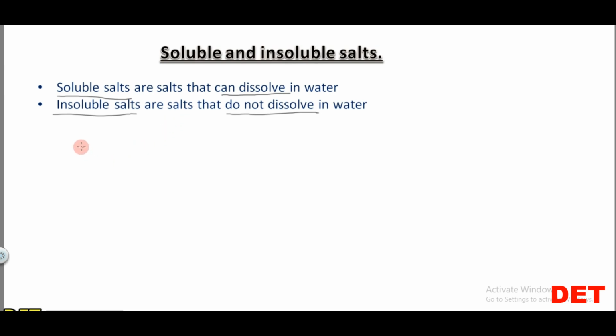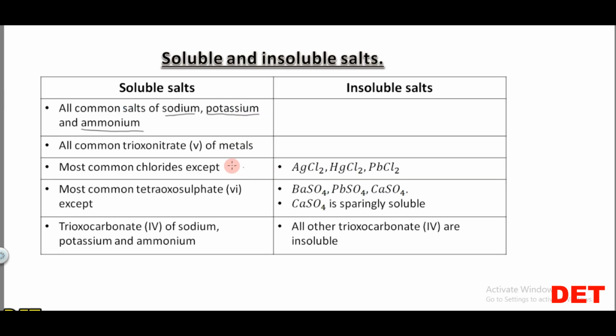Examples of common salts of sodium, we have salts like sodium chloride, potassium chloride, ammonium chloride. These salts can dissolve in water. Why? Because all common salts of sodium, potassium, and ammonium are soluble in water.